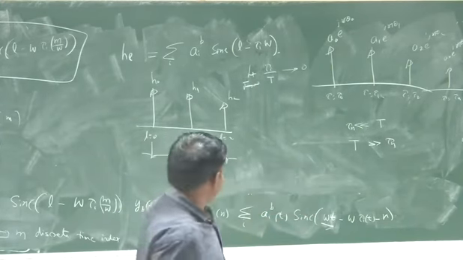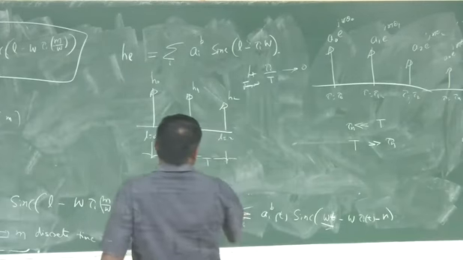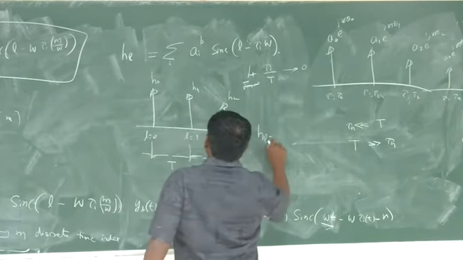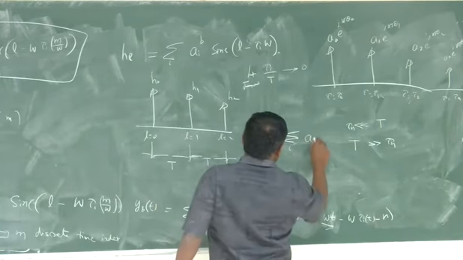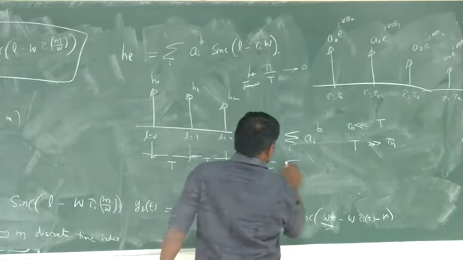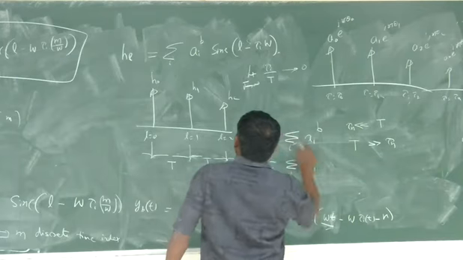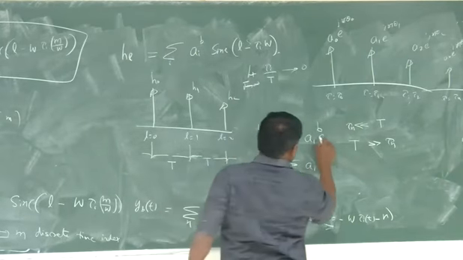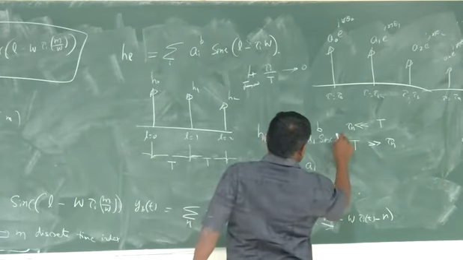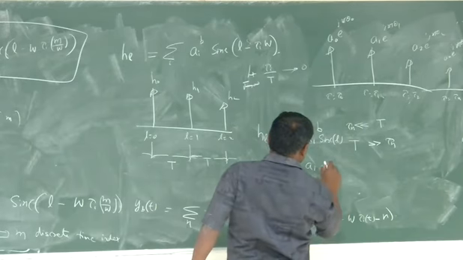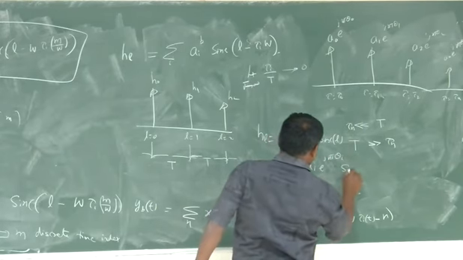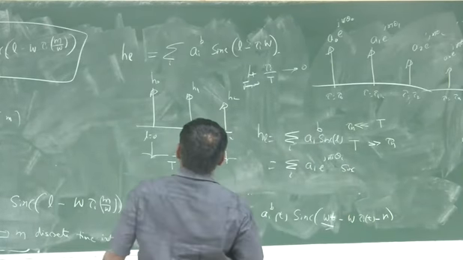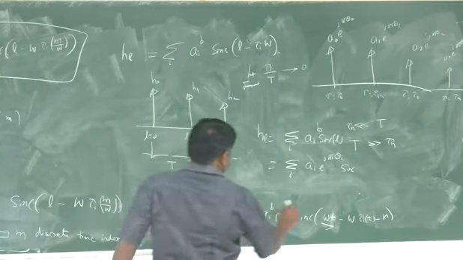If that is the case, h of l is equal to sum over i of ai, and ai is e to the power of j 2 pi theta i, times sinc(l).